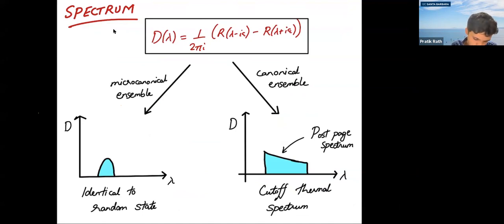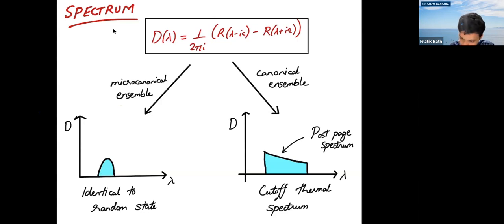So the microcanonical ensemble is actually identical to a random bipartite state. So it's literally what Page computed. And it has a sharply peaked density of states near one particular eigenvalue. And this is analytically tractable, by the way. The canonical ensemble is hard to get analytic traction over, but what we can do is compute it approximately. And there's also a nice answer for what happens there.